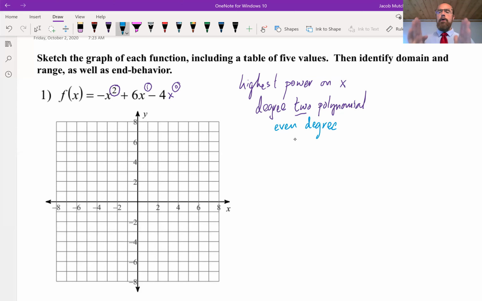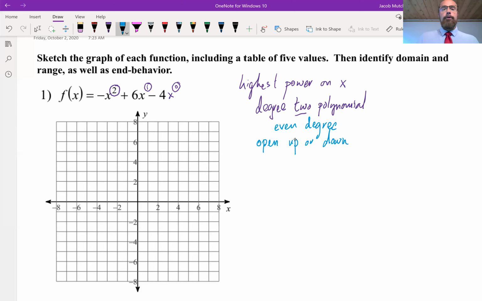So they're either opening upward or they're both opening downward. And I'll write that. So that comes directly from the fact that the degree of this function is an even degree. So they open up or down.